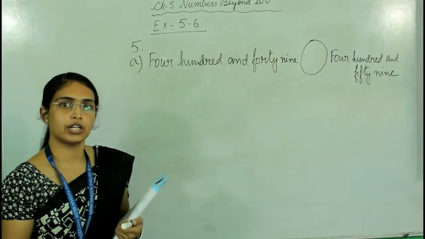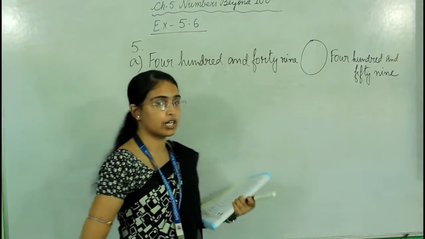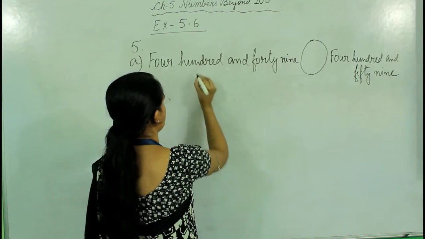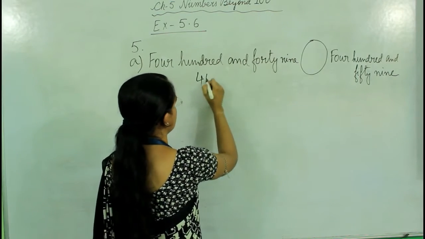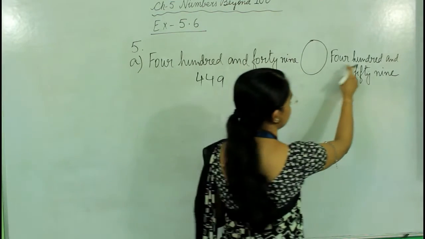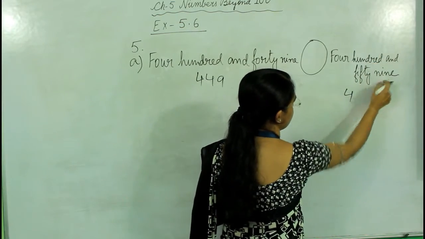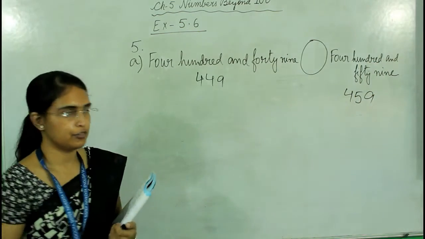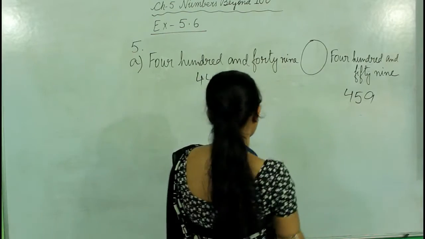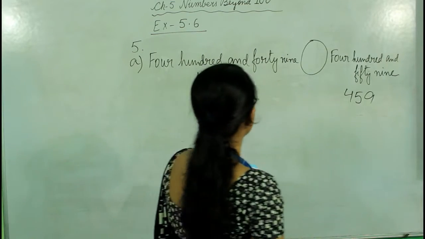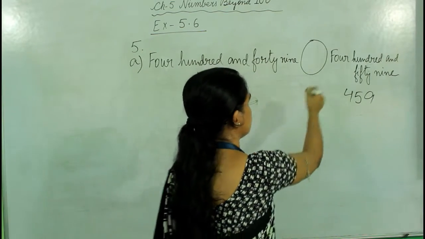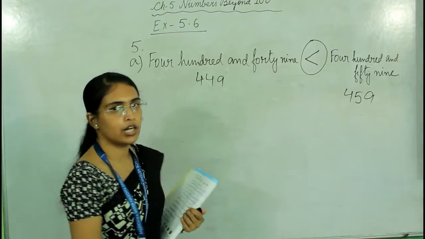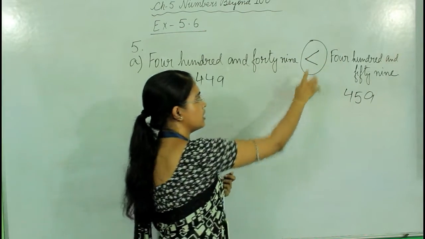According to that, we have to put the sign of greater than, less than or equal to. Here we have 449 and here we have 459. So is 49 bigger or 59? 59. So which sign do we have to put here? That means 449 is less than 459. So we have to put the less than sign.